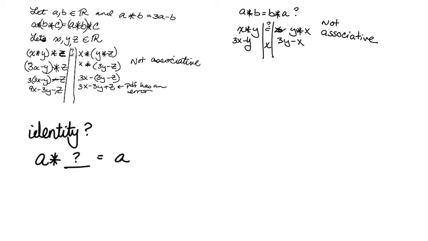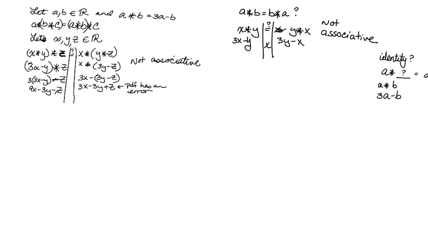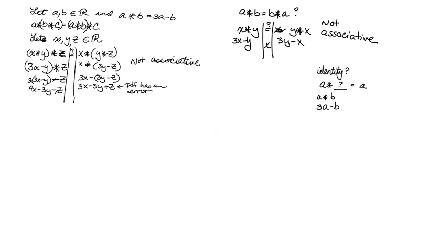There is nothing that I can put in there to only get an A. If I had A star B, that would always be 3A minus B. So there's nothing that I can put in there to give me just an A every single time. So now let's look and see if there's an inverse. If there's no identity, there's probably not an inverse.